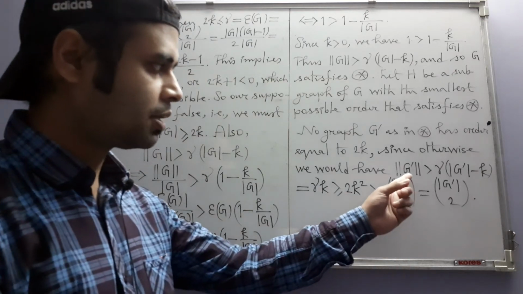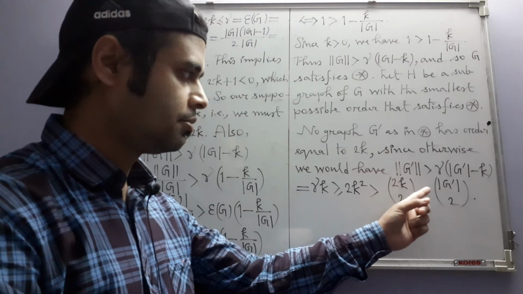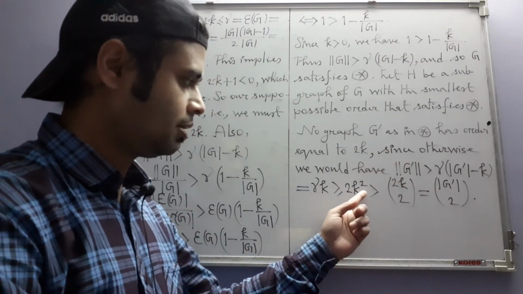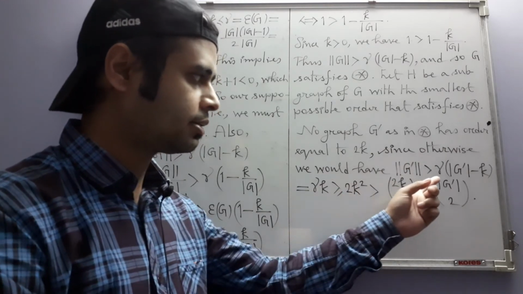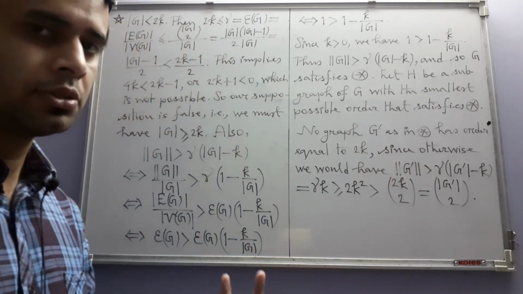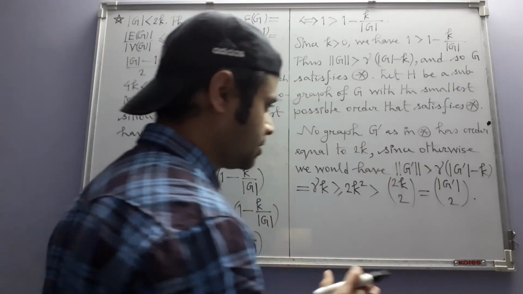So the number of edges in G prime will in that case be strictly greater than the number of possible edges, which of course is not possible, which is false.